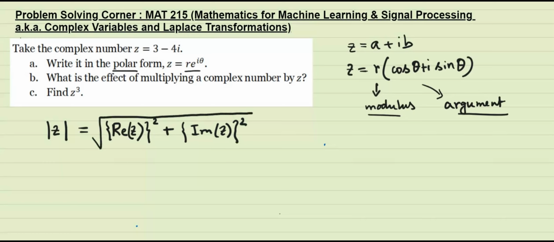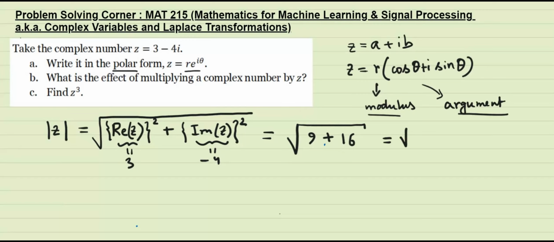So that is the formula. In this case, the real part of z is 3 and the imaginary part is minus 4. Substituting, we get 3 squared, which is 9, and minus 4 whole squared, which is plus 16. This is a nice number because these lead to 25, a square number, and if you take the square root, you get 5.